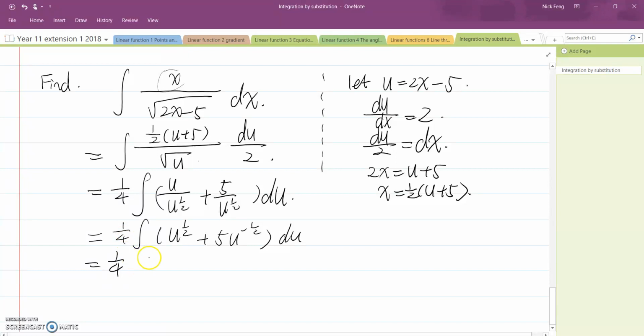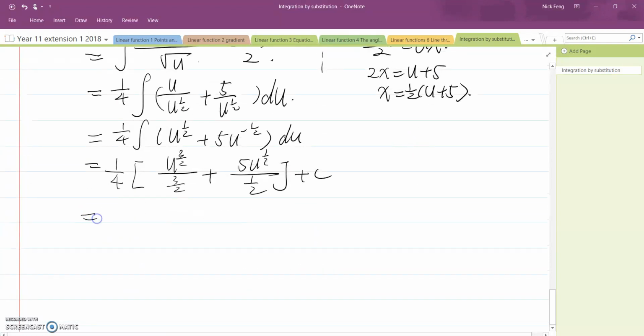And then do normal integration, so a quarter, u to the power of 3 over 2 over 3 over 2, plus 5 u to the power of half over half, plus c. And then it's just a quarter.